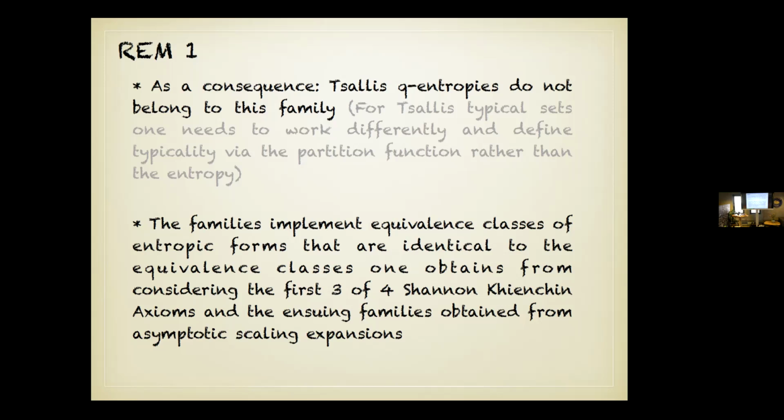So this is the limit q to 1. It's actually the trick that you use in replica theory, where you replace the logarithm in your partition function with a q logarithm, then you can do all the computation and you take q to 1.